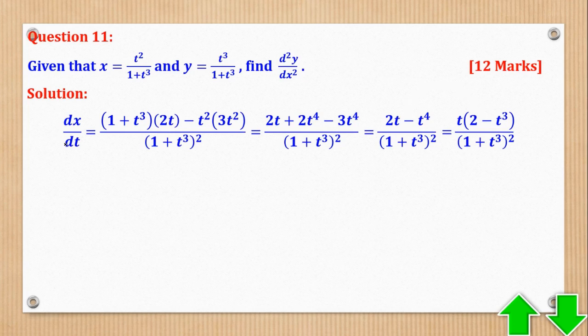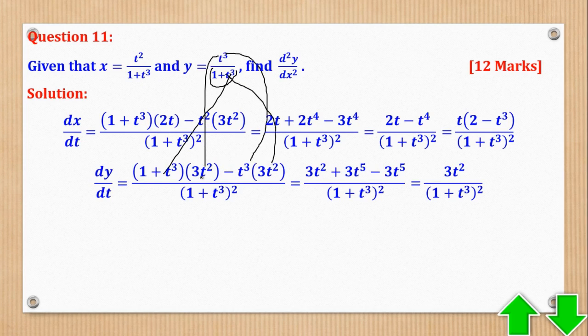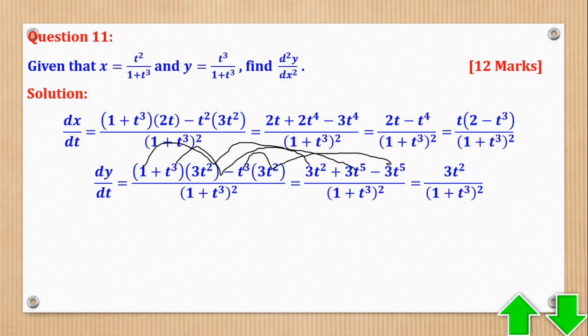What about dy/dt? So for dy/dt we still use the quotient rule, so it will be keep the denominator constant, differentiate the numerator, minus keep the numerator constant, differentiate the denominator, divided by the denominator squared. Then we simplify, expand this times this, this times this, this times this, then the denominator is maintained.